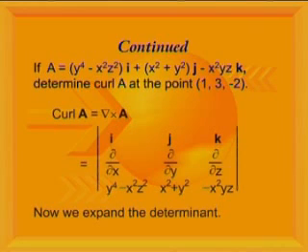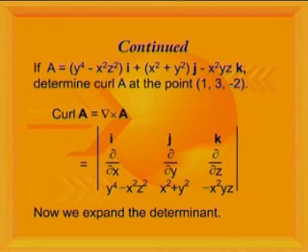As we know, curl of A is equal to del cross A, and we write this determinant, whose first row is i, j, k, the second row is partial x, partial y, partial z, and the third row are the components of the vector A, which are y^4 - x^2 z^2, x^2 + y^2, -x^2 y z.